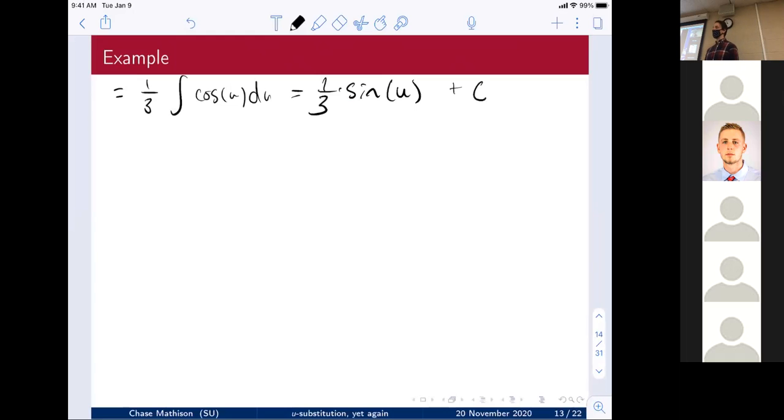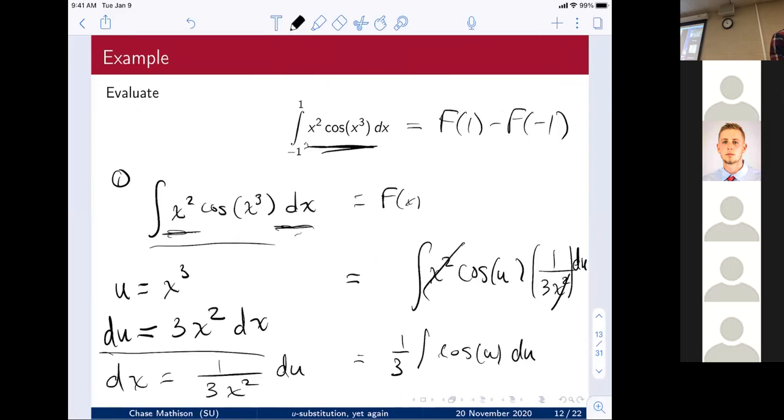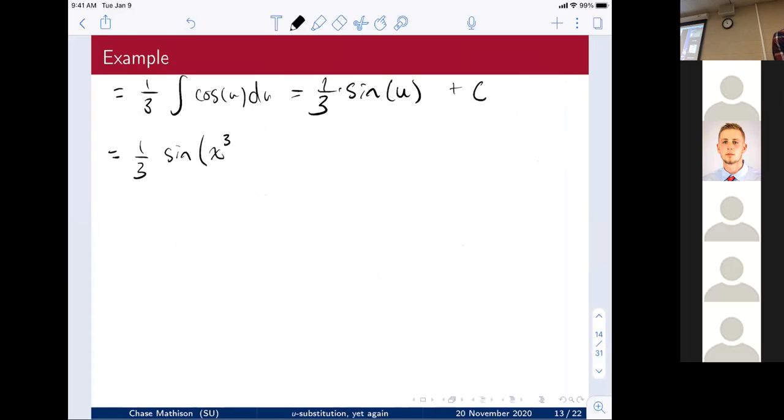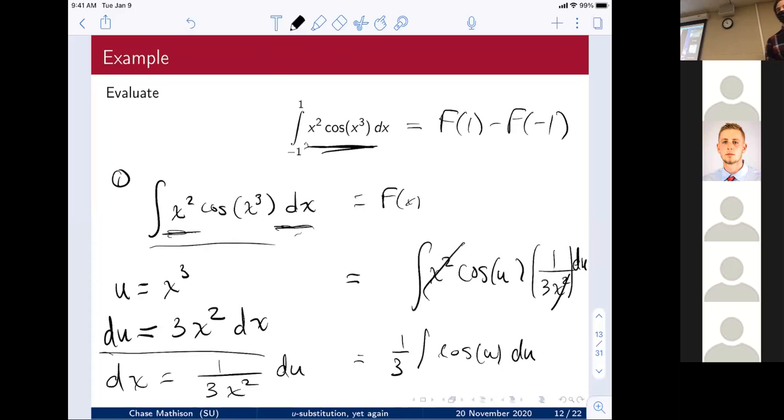Because I'm going to find a definite integral, the plus c is not important, but for completeness I'll have it there. Now I have 1/3 times sine of, remember, u was x cubed, plus c. So this is an antiderivative of the thing inside the integral.